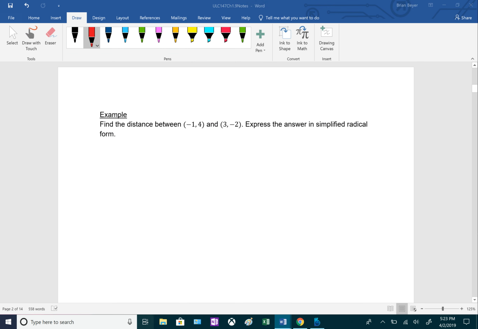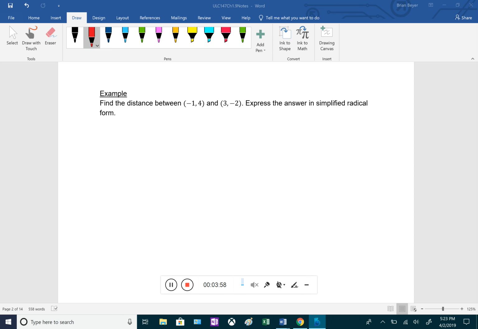So let's use that distance formula. It's going to be d equals the square root of x2 minus x1 squared plus y2 minus y1 squared. And the coordinates here, we can call the first coordinate x1, y1, and we can call the second one x2, y2.